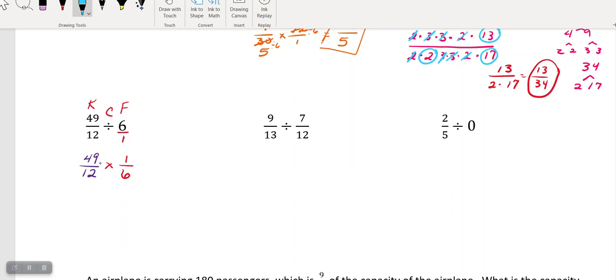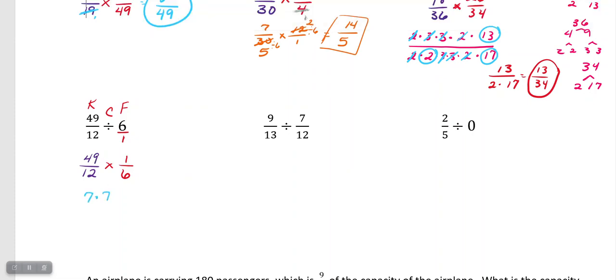I don't have anything. If I take it to prime numbers, 49 is 7 times 7, and I have that 1. 12 is 2 times 2 times 3. 6 is 2 times 3. Let me do this 12 so you know what I'm talking about. 4 times 3. 4 is 2 times 2.